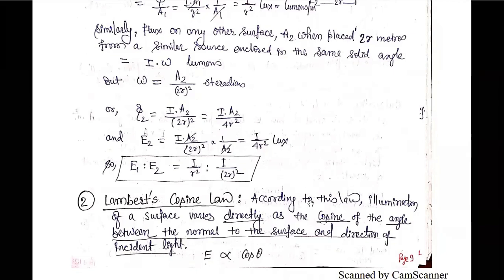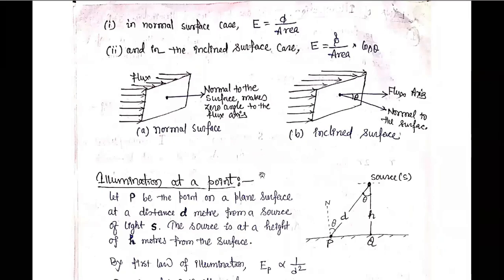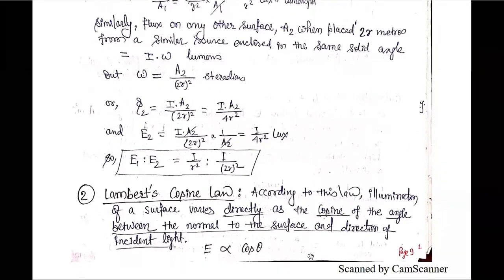Okay. What does our second law say? The second law is the Lambert cosine law. Lambert is the name of the scientist who investigated this law. According to this law, the illumination of a surface varies directly as the cosine of the angle between the normal to the surface and the direction of incident light.